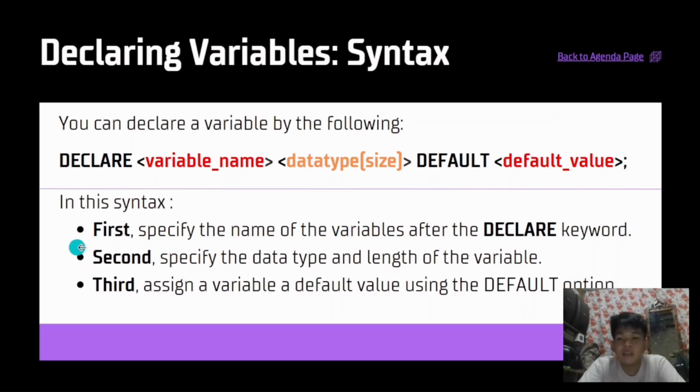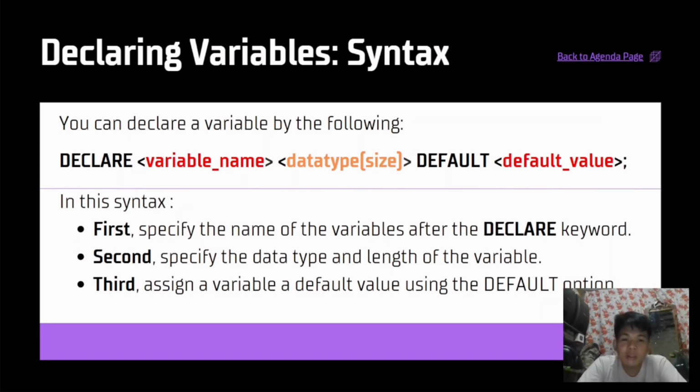In this syntax, first, specify the name of the variable after the declare keyword. The variable must follow the naming rules of MySQL table column names, so you must use underscore, hyphen, and so on. You cannot just use a space because it's not allowed, it breaks the name.